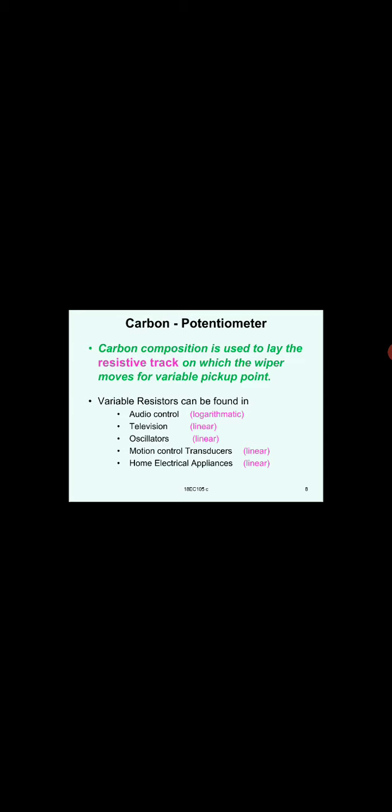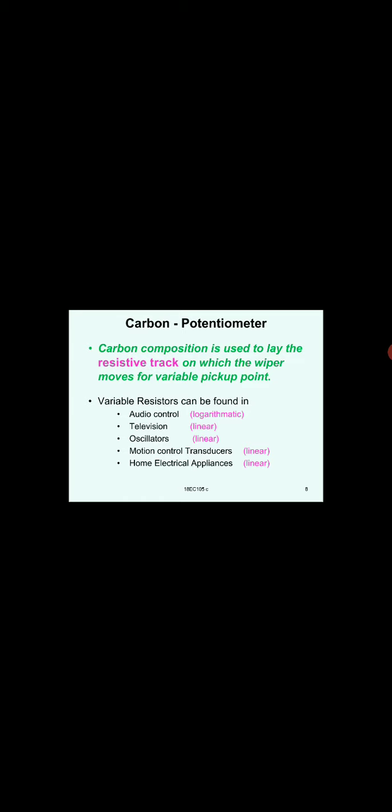And in the oscillators in the lab, you will have the knob fixed to the shaft of the variable resistor inside, which will vary the frequency of the oscillations.